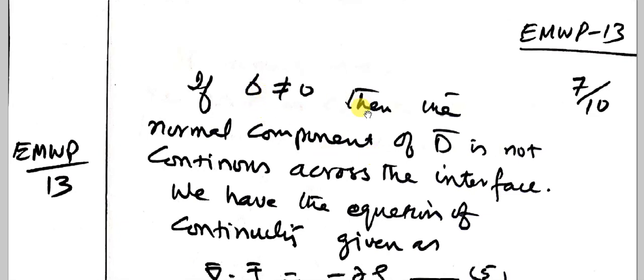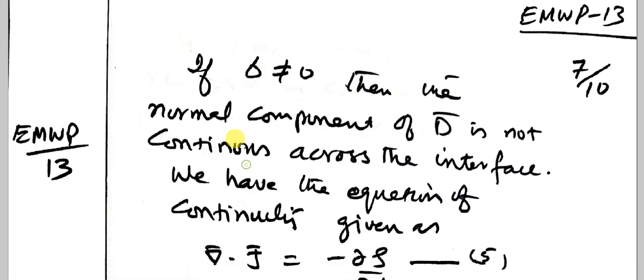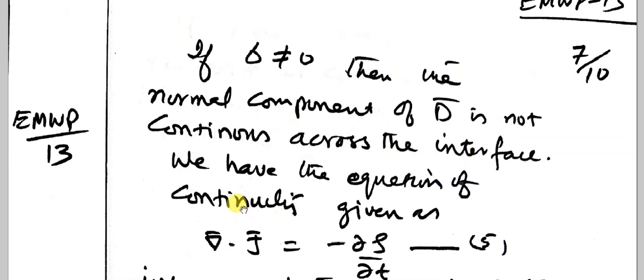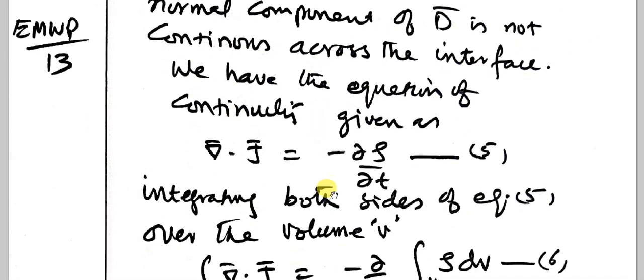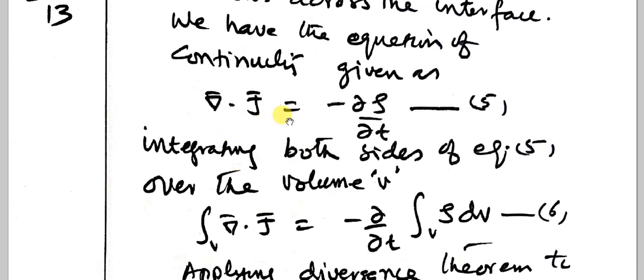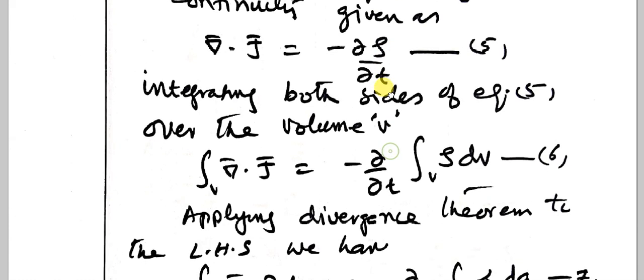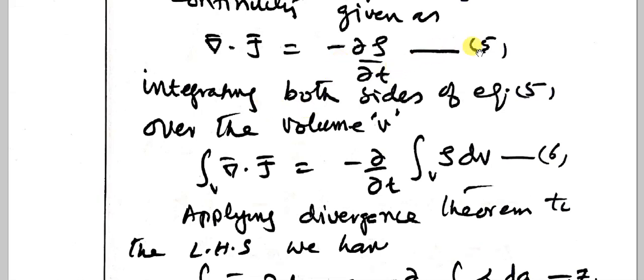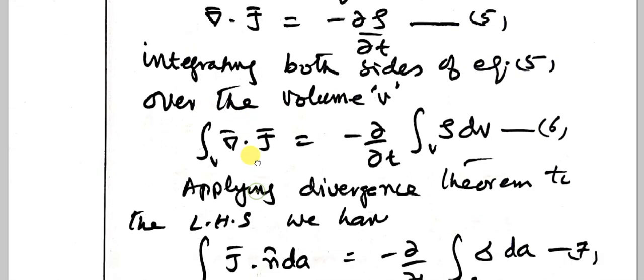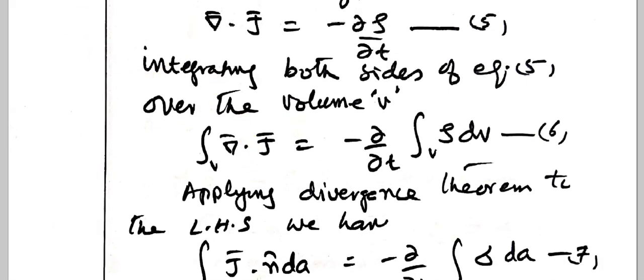We have the equation of continuity. For the continuity, the divergence of J is equal to negative rate of change of the volume charge density. Integrating this equation, equation number 5, on both sides over the volume V, we get the integral of divergence of J dV is equal to minus delta by delta t of the integral over the volume V of the volume charge density rho.